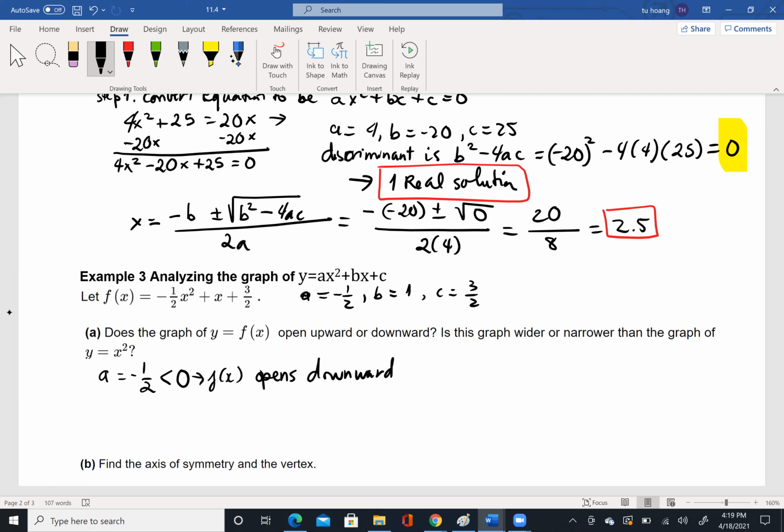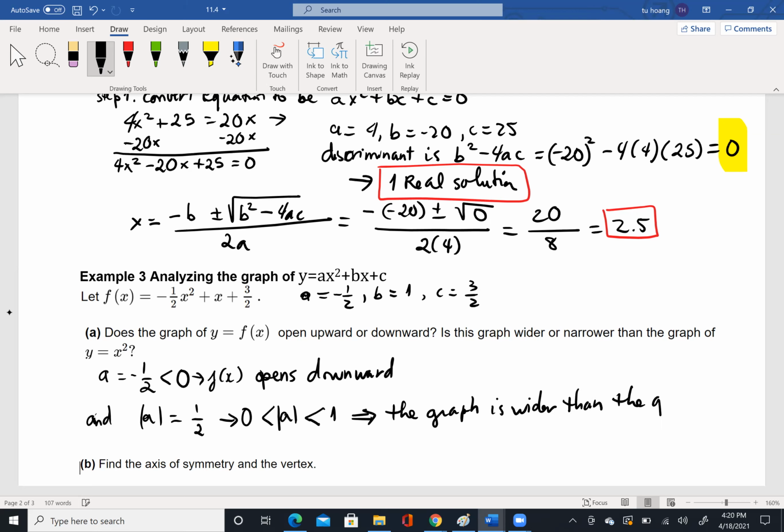And seeing the absolute value of a equal to 1/2, which means the absolute value of a is greater than 0 and less than 1, that gives me the graph is wider than the graph of y equal to x squared. So, wider.